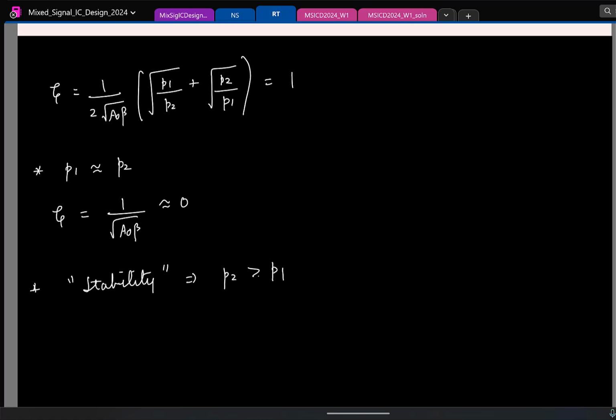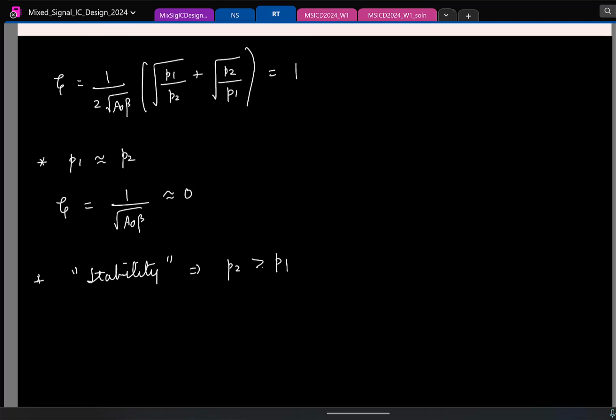Is that clear? Cool. So let's impose that condition on this equation. I am assuming P2 to be much greater than P1. Can you simplify and tell me what will zeta become?